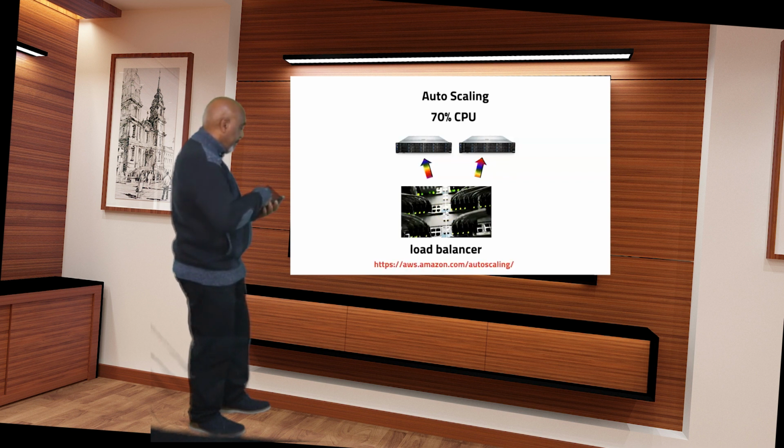I want load balance to balance the load across my resources. So when auto-scaling sees that my CPU has hit 70%, it's going to bring in additional resources. Then load balance is going to balance the load across those resources. Now, auto-scaling is going to continue to monitor my application, making sure that I have proper resources to meet my application demands.